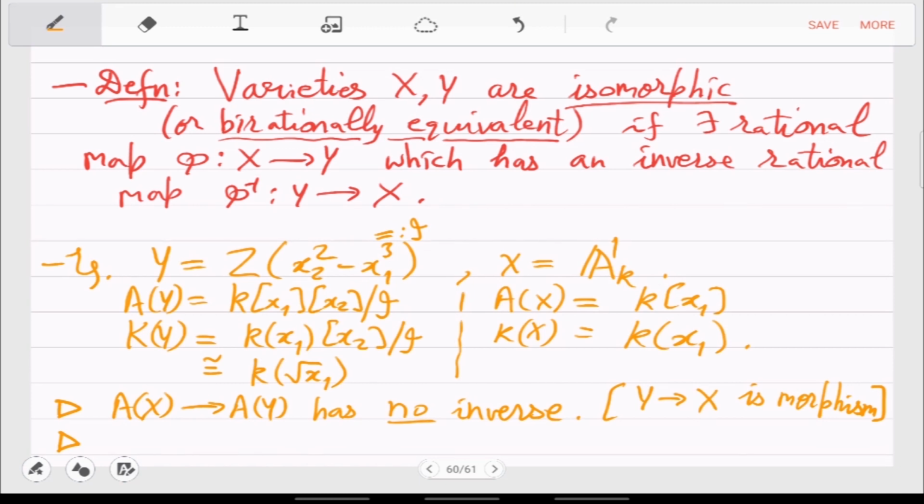But K_Y and K_X are actually isomorphic. So K_X to K_Y, these are isomorphic. There is an isomorphism. Yeah, they are both isomorphic to the function field k(t).